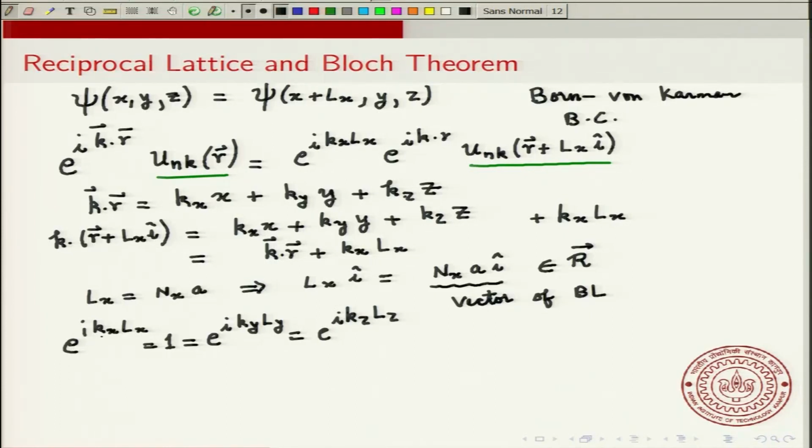And if e to the i times something is 1, this implies that kx times Lx should be an integer multiple, I will call this mx, of 2 pi. So it should be 2 pi times an integer. Then you have exponential of i kx Lx equal to 1, and this implies that kx should be equal to 2 pi mx by Lx.